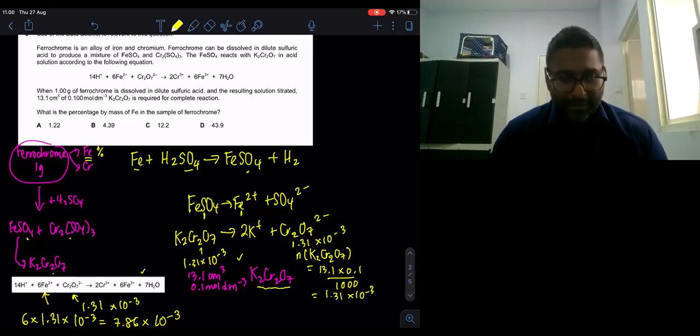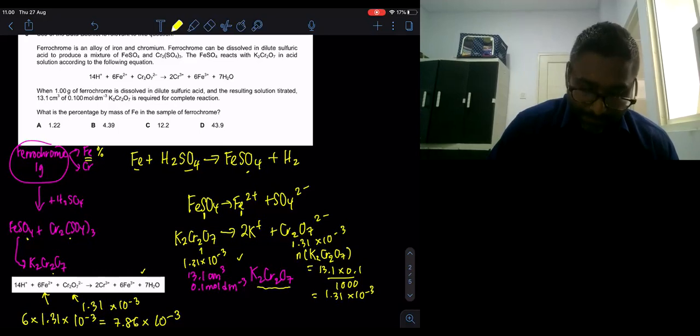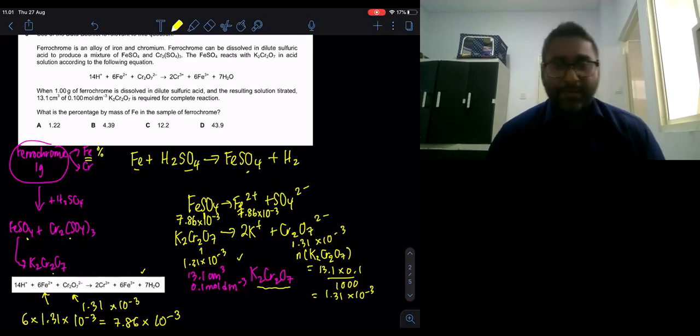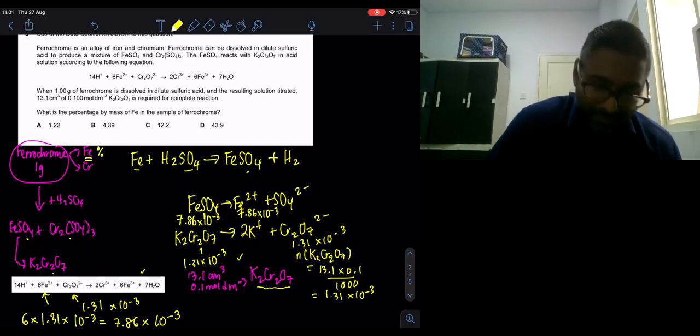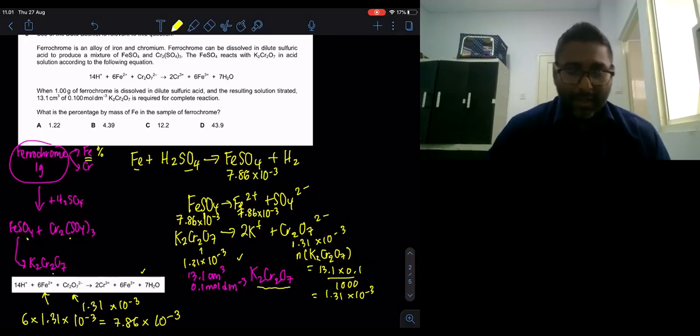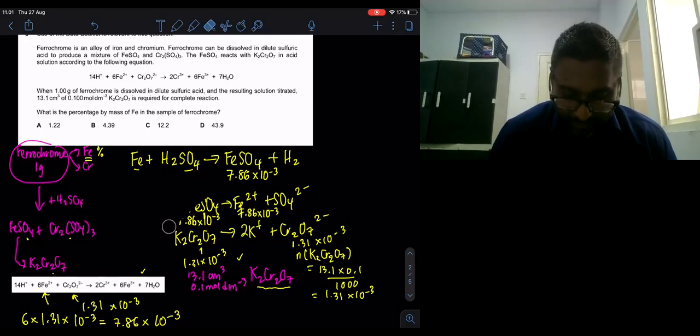So I found out that this one is 7.86 times 10 negative 3, so I know that this one is also 7.86 times 10 negative 3. To make it better, I'm going to erase this part.